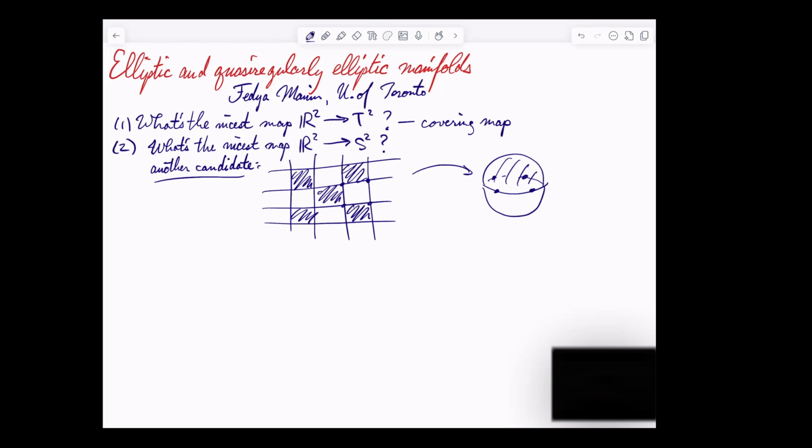The nice thing about this map is that it's a branched covering. Except at these vertices, it looks like a cover, and at those vertices, it has degree 2. At lattice points, I guess.